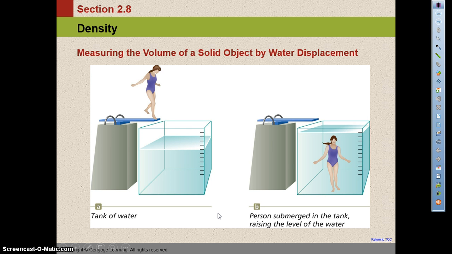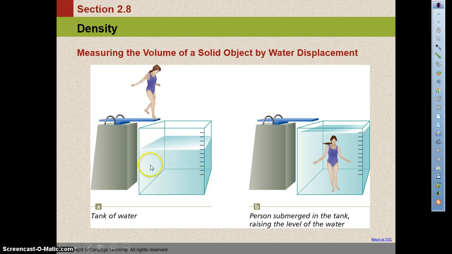Now, we are used to using volume measurements when we look at cubes and things like that because that's what you're familiar with in math class. But in chemistry class, sometimes we don't deal with objects that have a definite fixed volume that's easily measured. So if we have an irregular shaped solid, such as a human, for example, we could measure the volume by a method called water displacement, and you'll experience this in the lab as well.